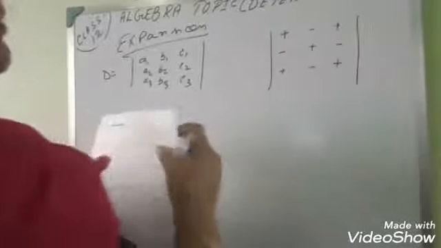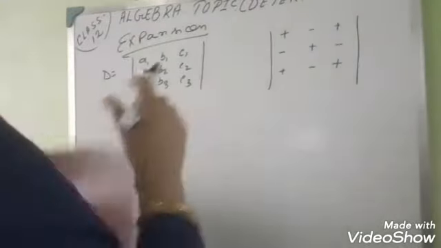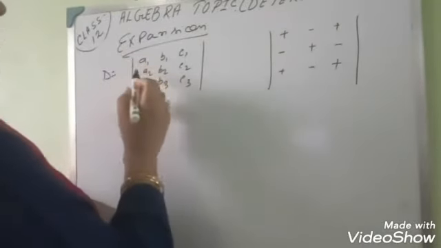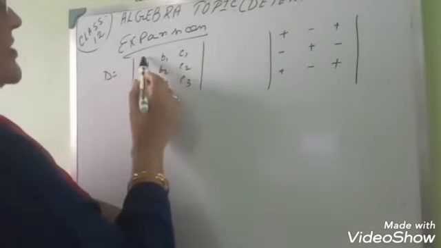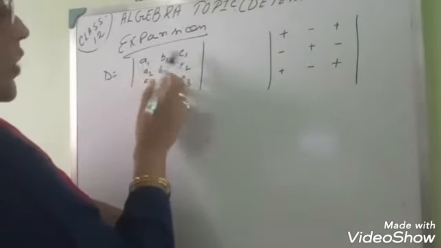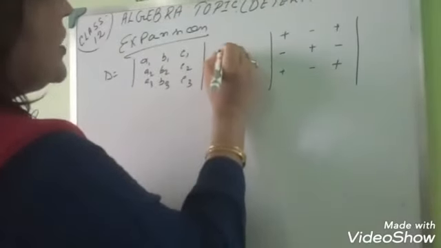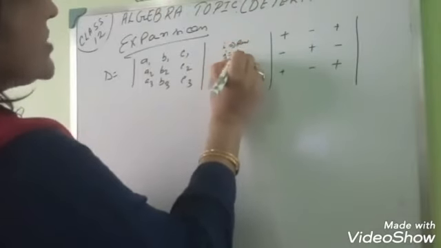Actually, this depends on the position of the element in the matrix, as we have already studied. This is the position of first row and first column. We always denote row as i and column as j.